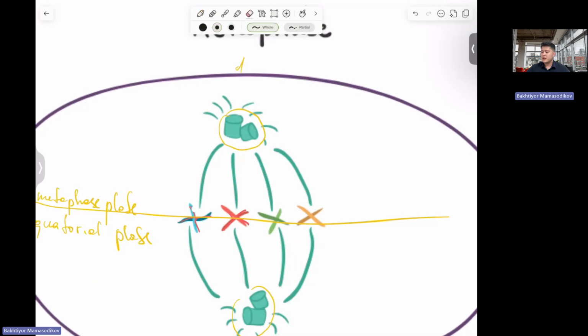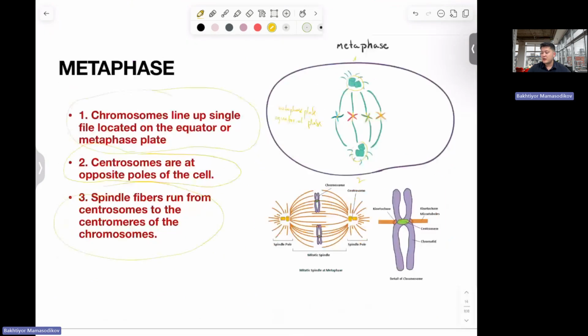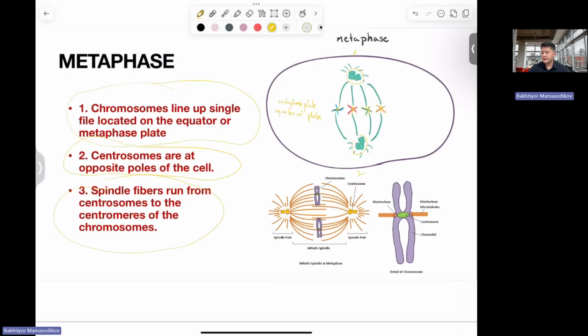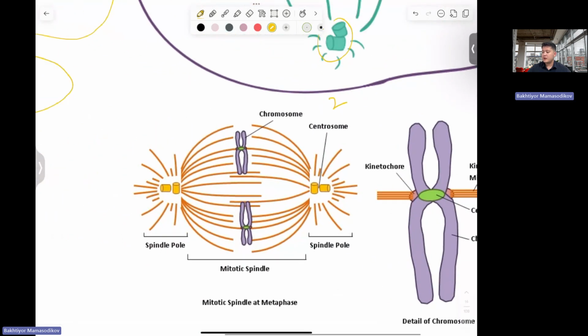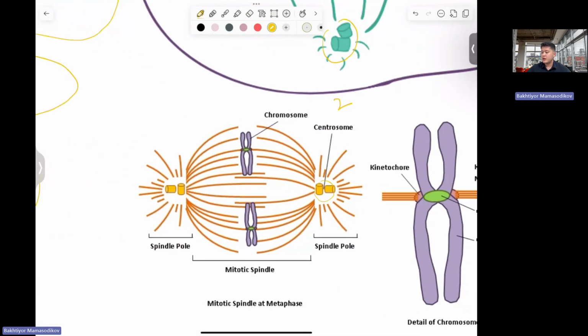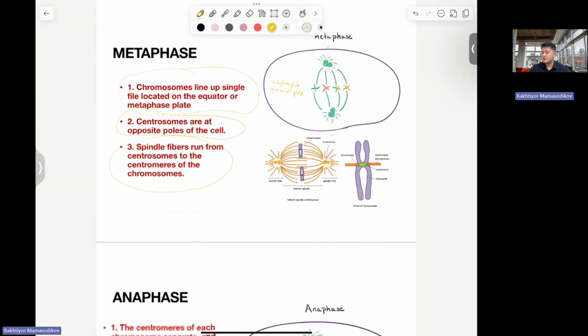Do you remember in the center of the chromosomes we have the centromeres, and those spindle fibers are going to attach to the centromeres of those chromosomes. In which process? Of course, in the metaphase. So you can see here centrosomes are in the poles now, two centrosomes, and the chromosomes are attaching to the centromeres.